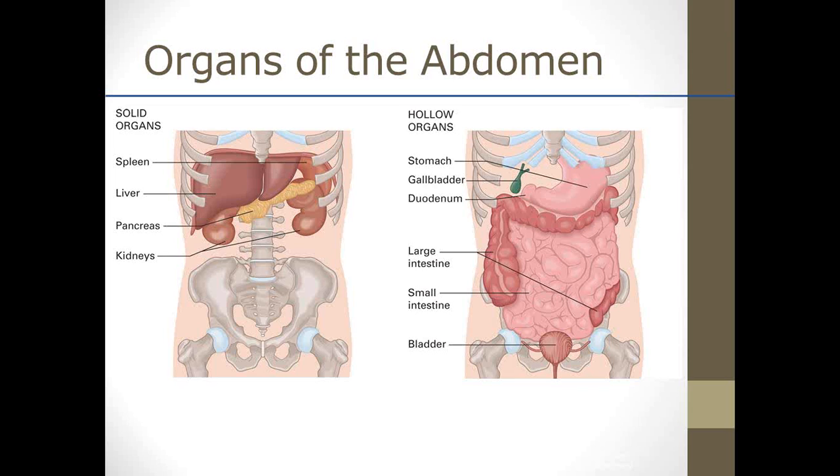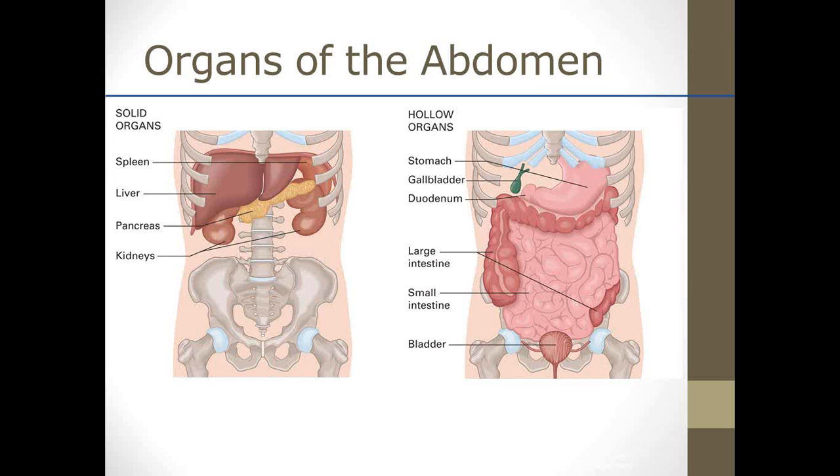Now, if you look over on the other side of the screen, here's a small diagram of the hollow organs that are in the abdomen. The stomach, the gallbladder, which is very small and sits over on the upper right-hand side of the abdomen, the duodenum, which is part of the intestines, the large intestines, the small intestines, and then clear down in the bottom there we have our bladder.